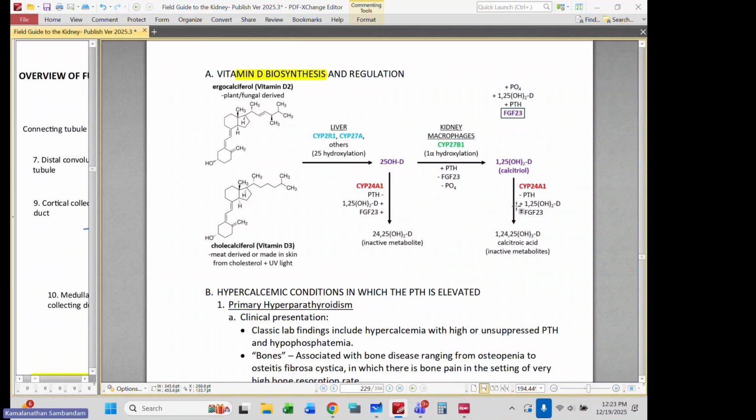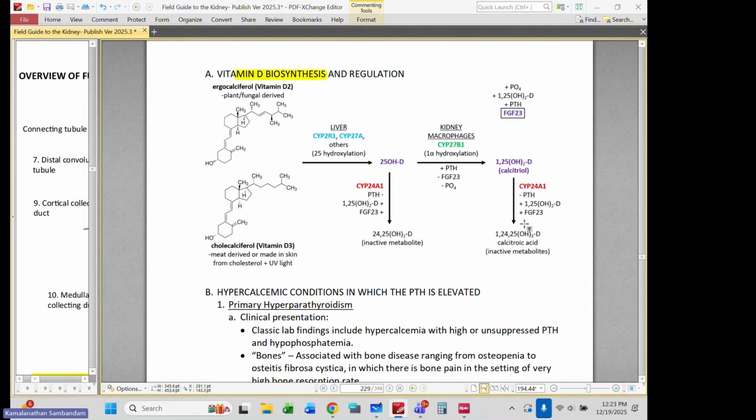He's revealing here that if I have a deficiency, FGF23 is a pretty potent regulator of 24-hydroxylase as well. So you tend to have low calcitriol levels when FGF23 levels are high.